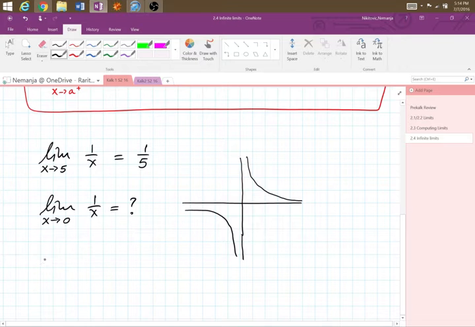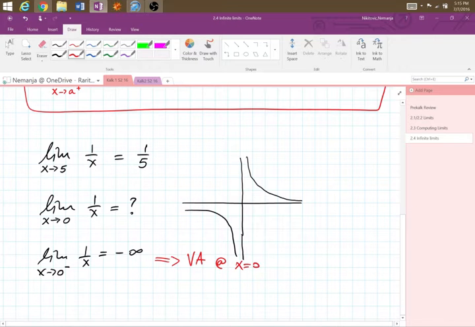So first we're going to take a look at the limit as x approaches 0 minus, which is from the left, and the answer is negative infinity. Now this answer alone implies that there is a vertical asymptote at x equal to 0. That's enough.